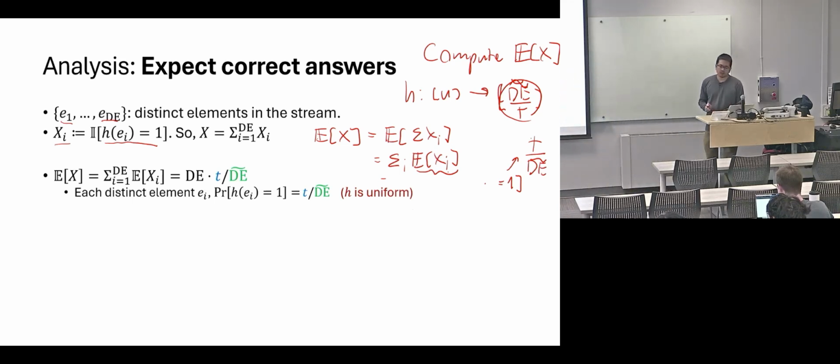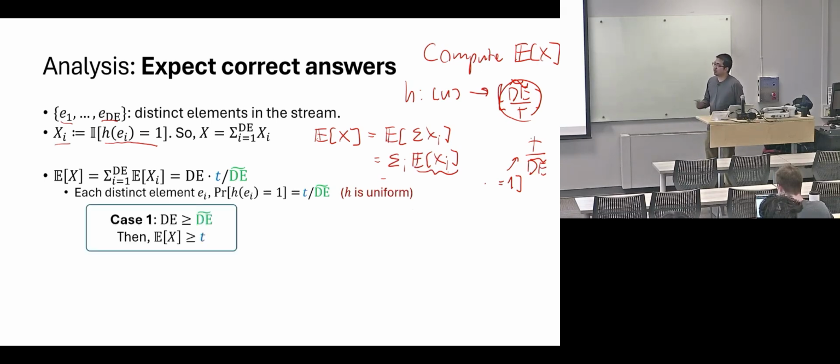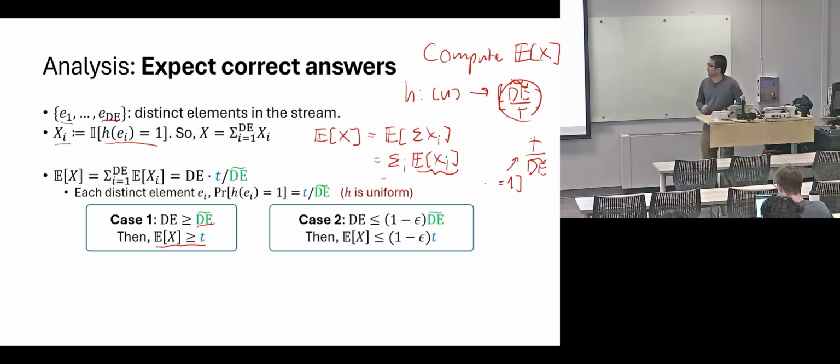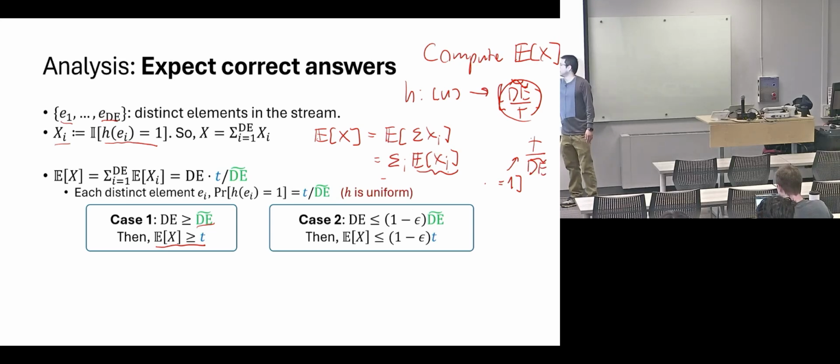So now we have computed this expectation of X. There are two cases that we need to consider. When the number of distinct elements is more than our threshold, the expectation of X is at least T. And when the number of distinct elements is less than 1 minus epsilon times the threshold, the expectation of X is less than this.